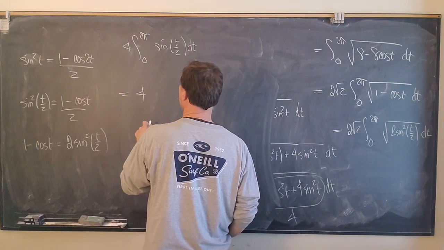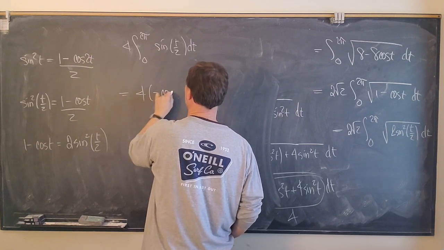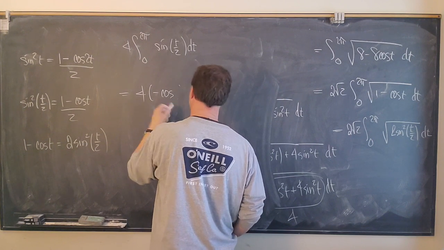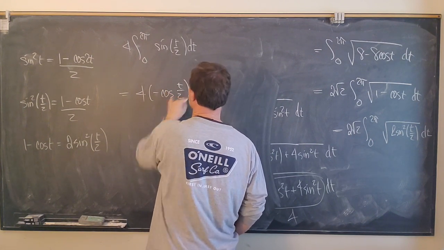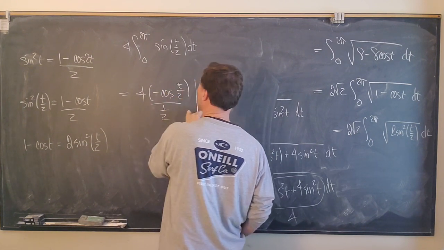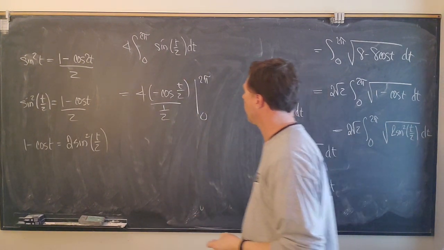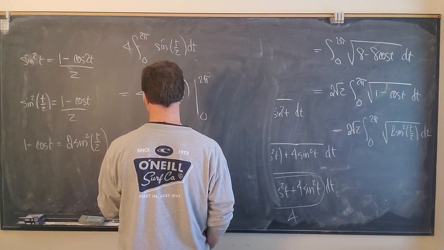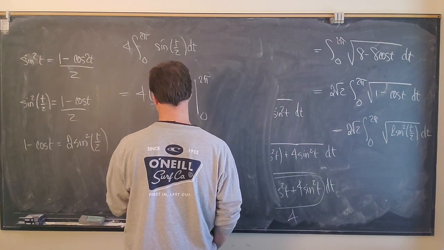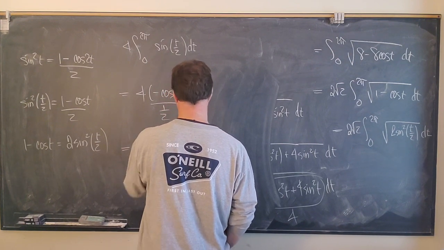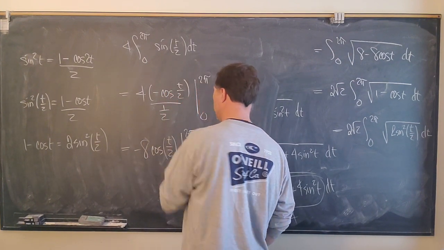This is 4 times minus cosine t over 2 divided by 1/2, from 0 to 2 pi. So that's equal to negative 8 cosine of t over 2, from 0 to 2 pi.